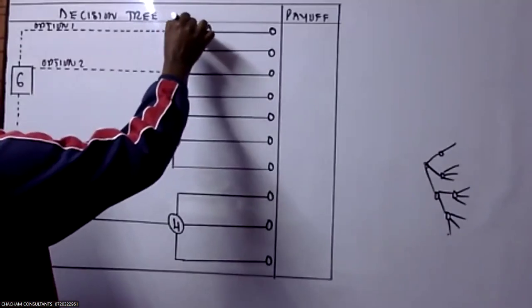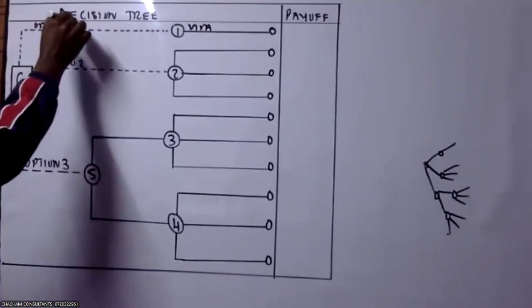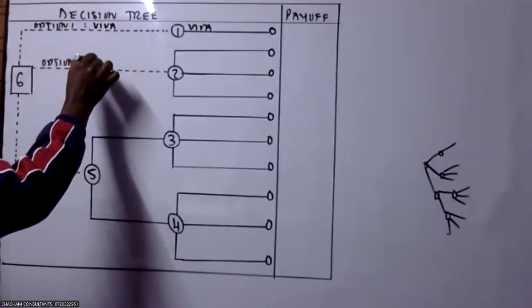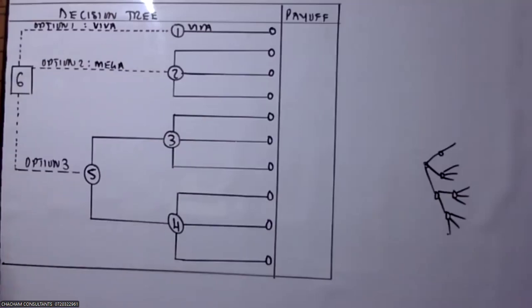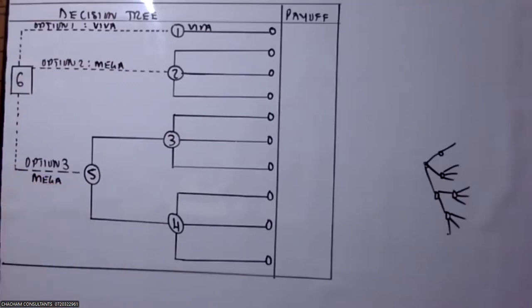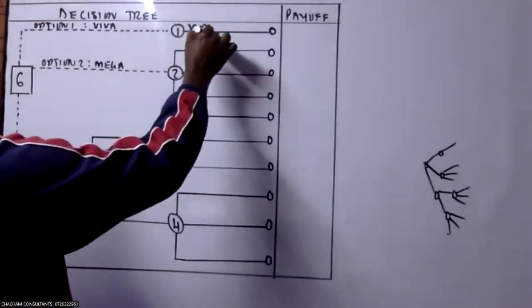So let me just call it fever. This is fever and this is mega. Even this one is mega. This is mega. That can just remain there. The probability for this is obviously 1.0.